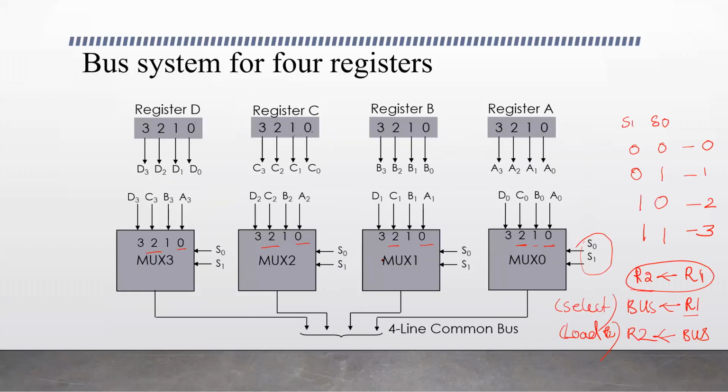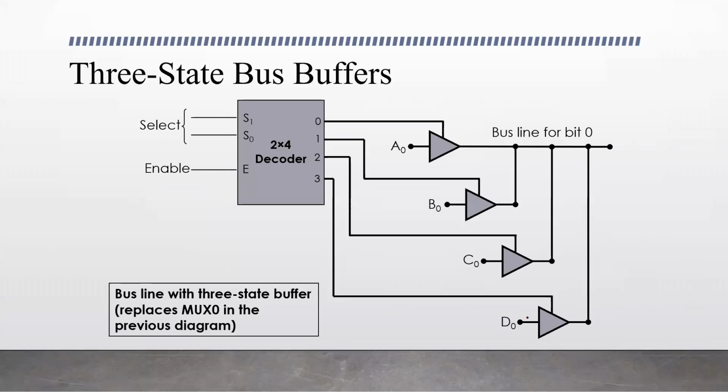This is this part of the circuit. Using these 3-state buffers, information from one register can be selected and directed to the bus line, by disabling all the other buffers and enabling only one buffer at a time.